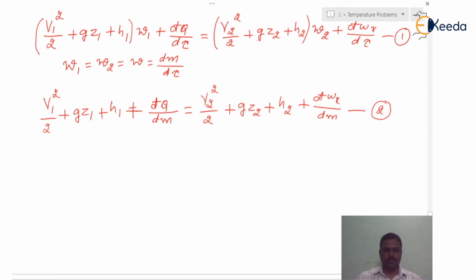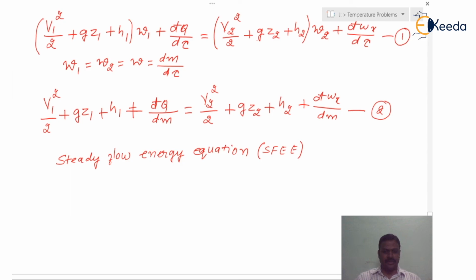Here equations 1 and 2 are called the steady flow energy equation, or simply SFEE.